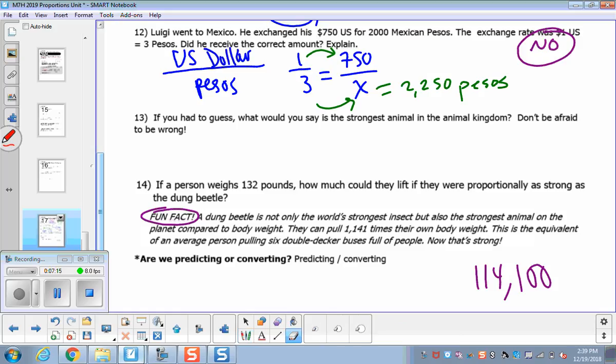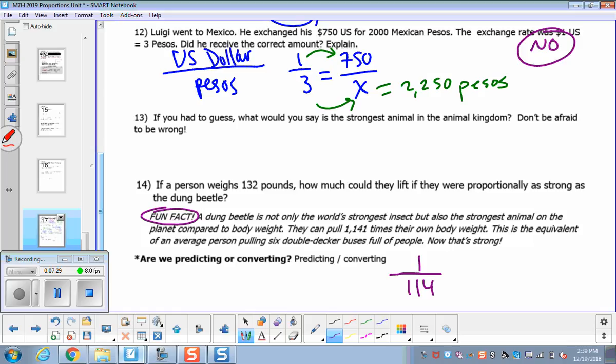Okay? So if somebody weighs 132 pounds, we want to see how much they could carry. Once again, a dung beetle, whatever it weighs, it can pull 1,141 times its own weight. So this is how much it weighs, and this is how much it can pull. For every pound it weighs, it can pull 1,141 pounds.